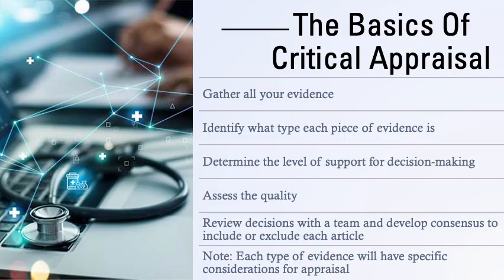So in summary, this is the basics of critical appraisal. Before you can critically appraise your evidence, you must do your exhaustive literature review and gather all of your evidence. Then, go through each piece of evidence and identify what type of evidence it is. Using the type of evidence, and in the case of single study evidence, the research design, you will be able to determine the level of support for decision making.